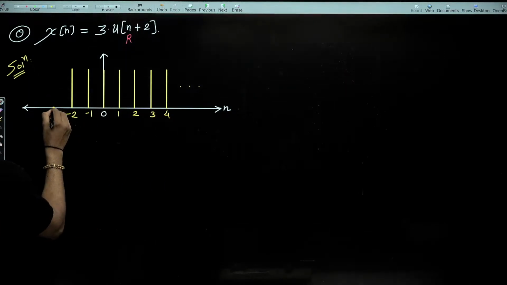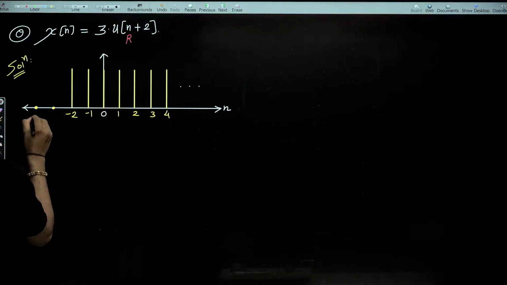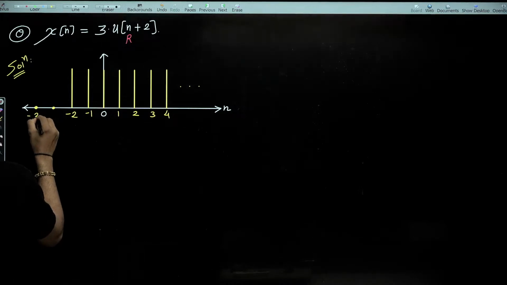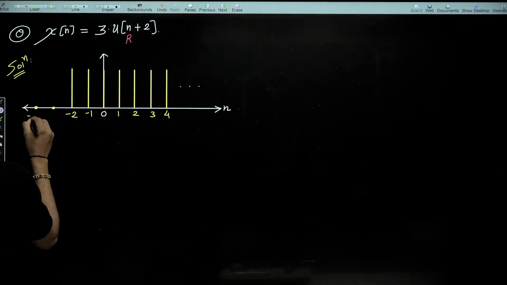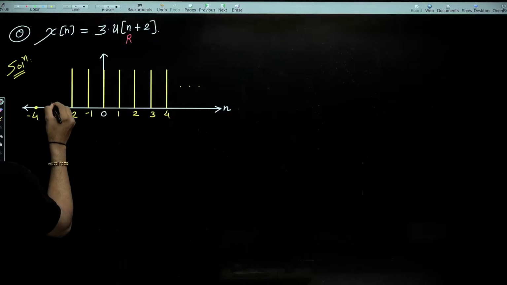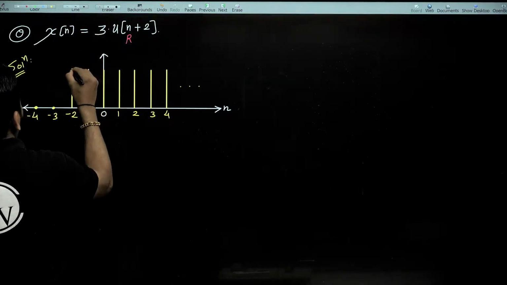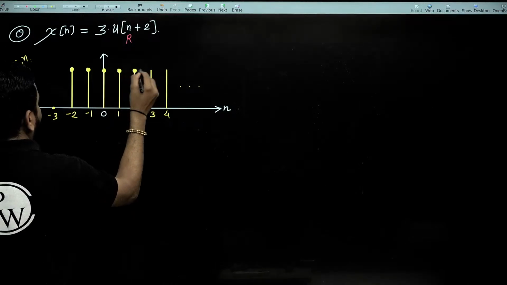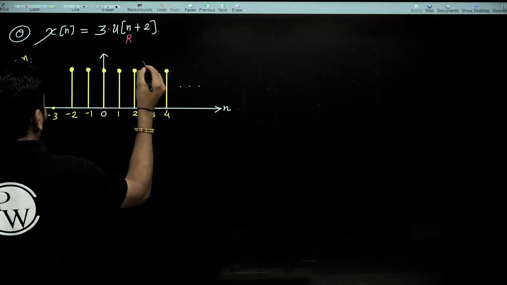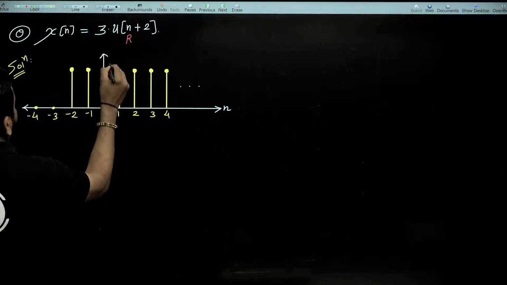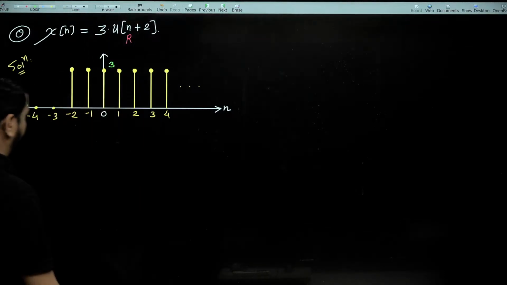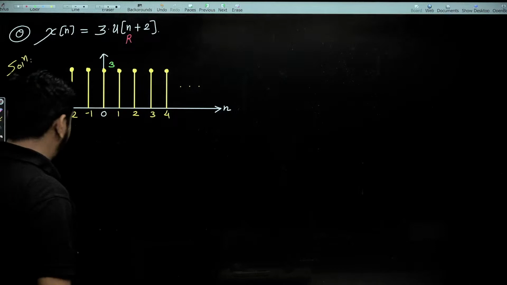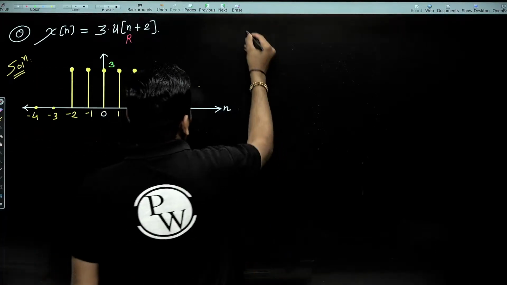So for n less than -2 it is 0: -4, -3. Amplitude is 3.